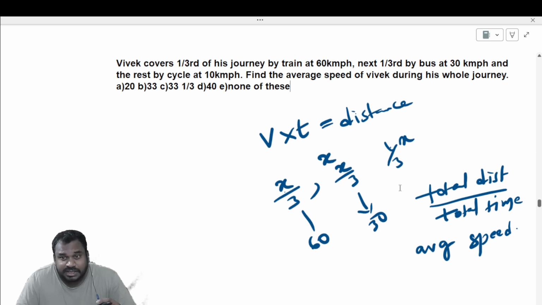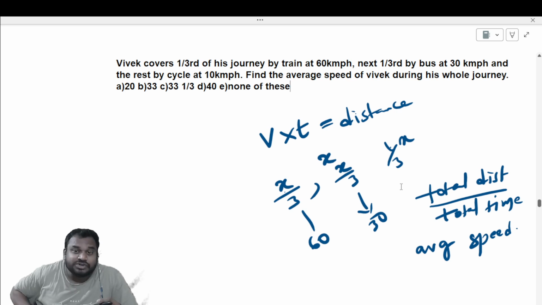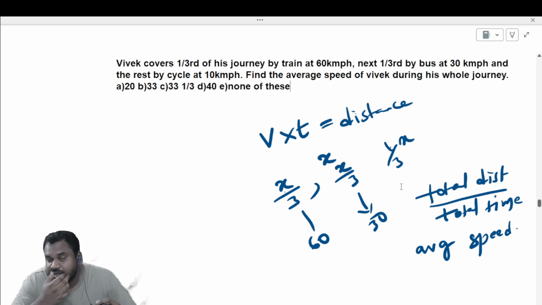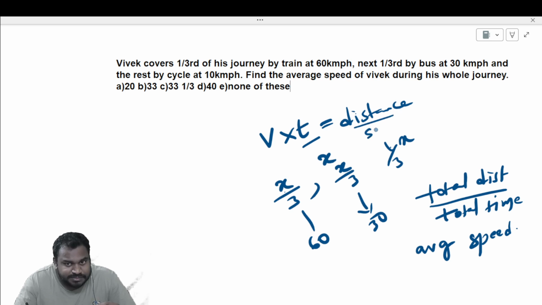So now I am taking the total distance as x and the time taken to cover the first one third. How will you calculate? From the formula, time equals distance by speed.